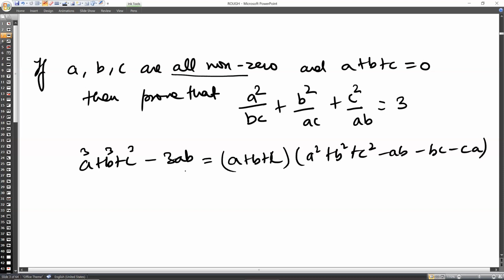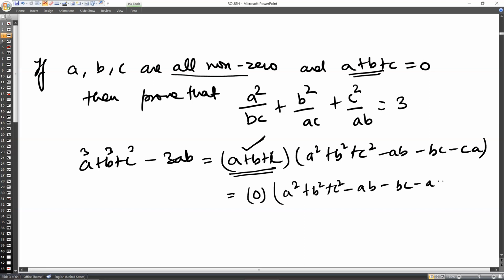The very important thing is that if A plus B plus C is 0, then this whole term is 0. So we get 0 multiplied by A square plus B square plus C square minus AB minus BC minus AC, and this whole term becomes 0, because 0 multiplied with any bracket will give you 0.